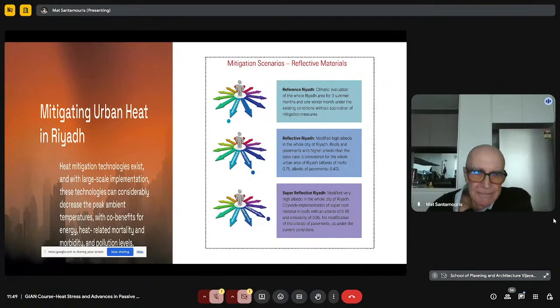And this is the reference scenario. The first scenario that we designed had to do with the decrease of the sensible heat at the city scale.